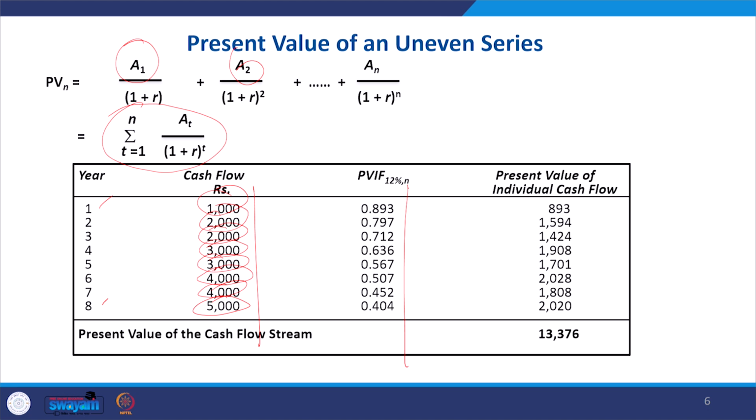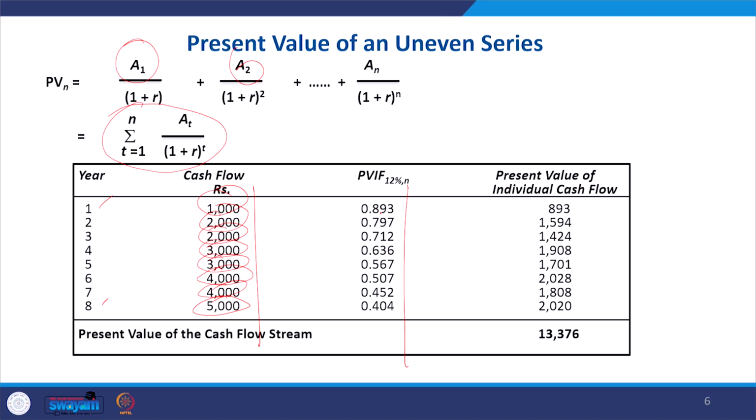For example, you will discount this cash flow only for 1 year, and the discount factor is 0.893, because only 1 year. So 1000, 12%. If you see in the table, the factor would be available, 0.893. This you are going to discount for 2 years. So same 2000 at the rate of 12%, and for the 2 years.